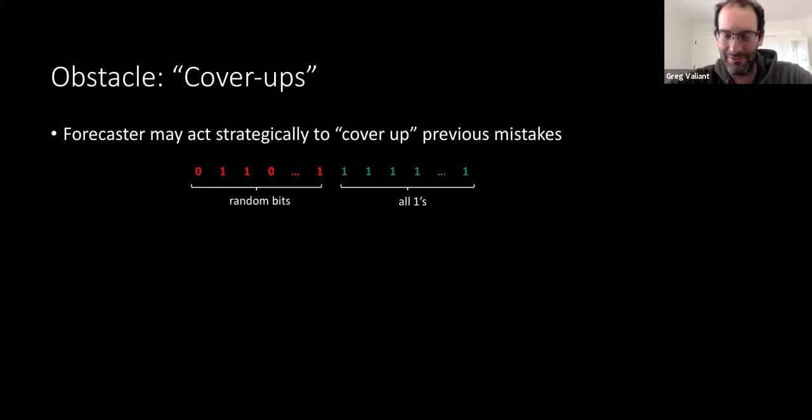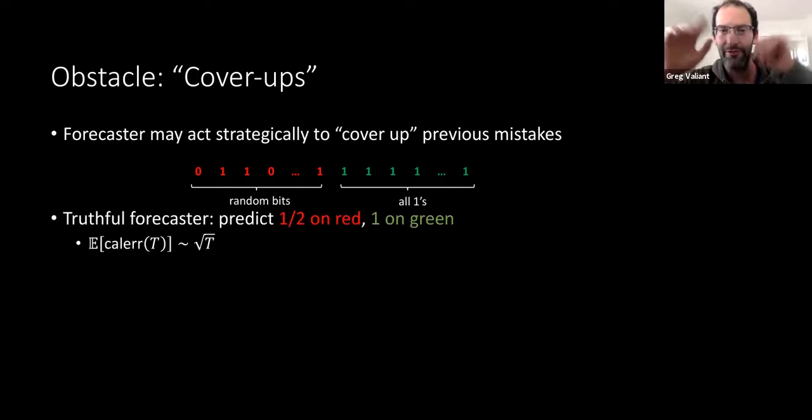So let me illustrate what a cover-up is more concretely. Suppose as a forecaster, you suspect that the first half of the sequence will be random bits, and then the second half of the sequence will basically be all ones. A truthful forecaster would predict 0.5 for the random bit portion, and then predict ones for the remaining ones, and would get a calibration error of something like square root n just from the variance on the random flips.